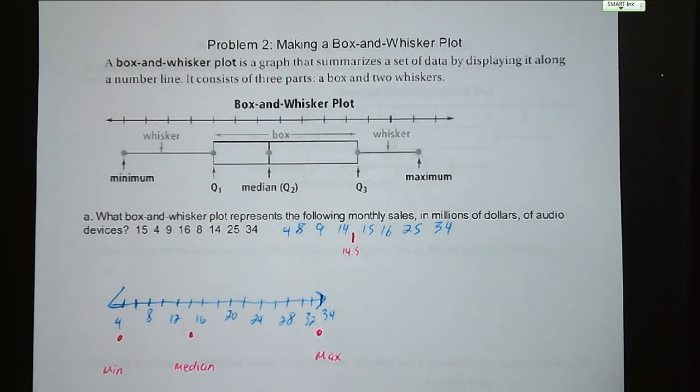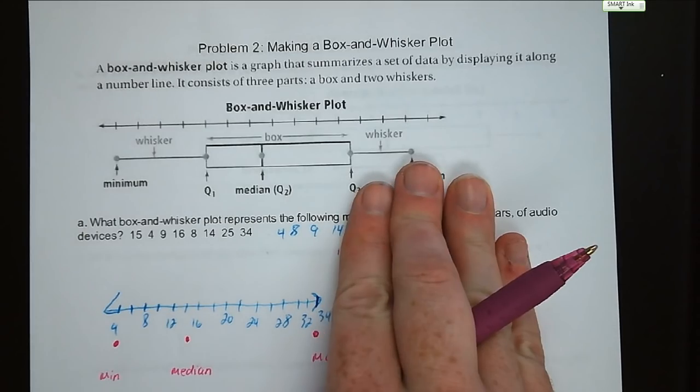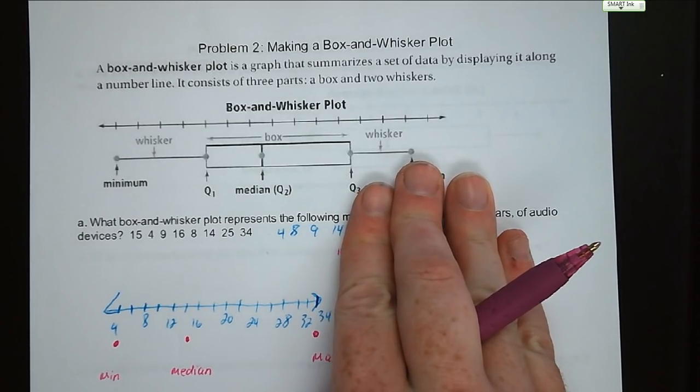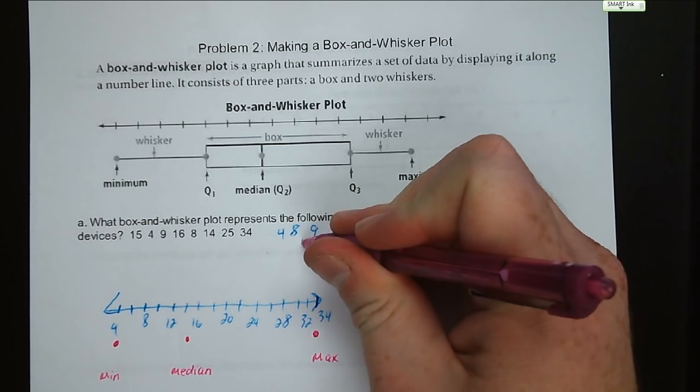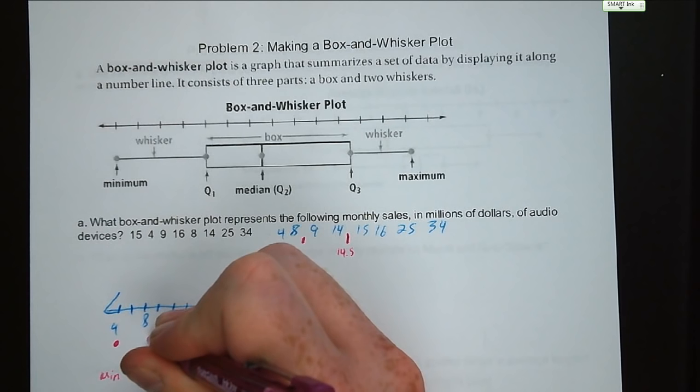Now I need to find my 2 quartiles. So the midpoint of that half of the data is going to be between 8 and 9, so 8.5. So it'll be right about here. That's quartile 1.